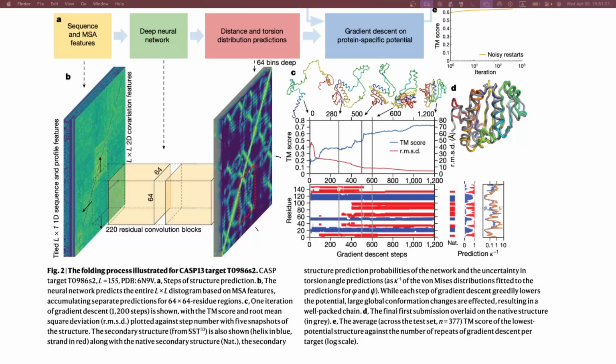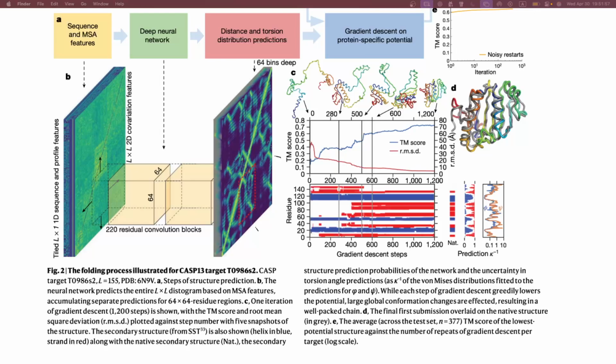Gradient descent is to adjust the weight of your model to find the most optimal weight that will generate the final protein structure. And also it uses noisy restart at every single iteration of that gradient descent, I guess to avoid it getting stuck in local extrema.